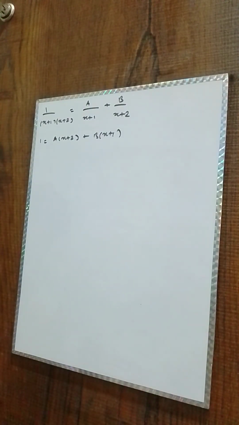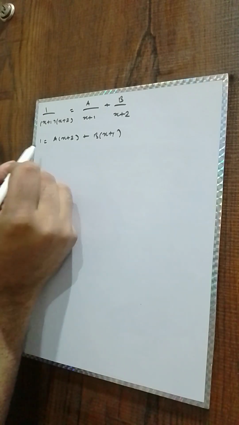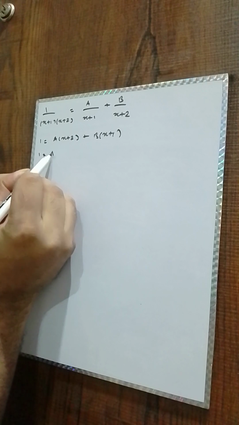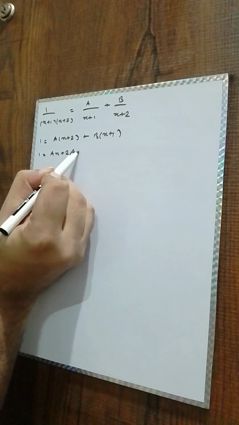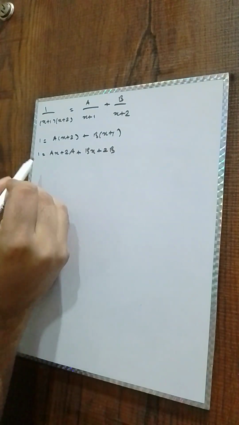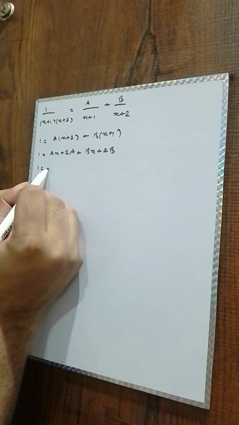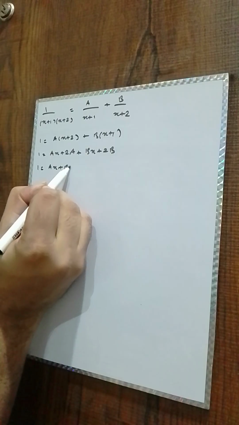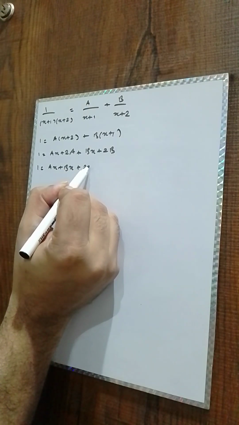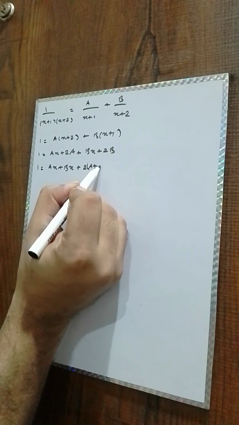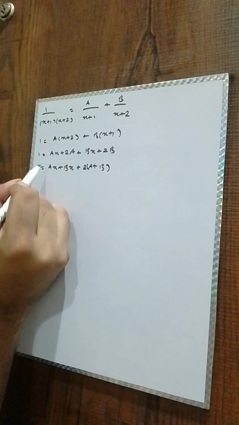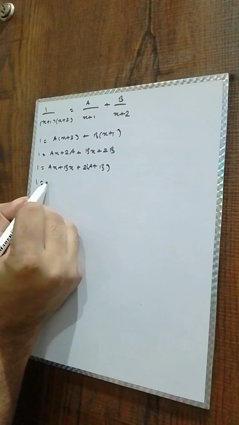We cross multiply and simplify, and then compare the coefficients in the end. So 1 is equal to ax plus 2a plus bx plus 2b. Okay, so 1 is equal to ax plus bx plus 2a plus 2b, so 1 is equal to x into a plus b plus 2 into a plus b.